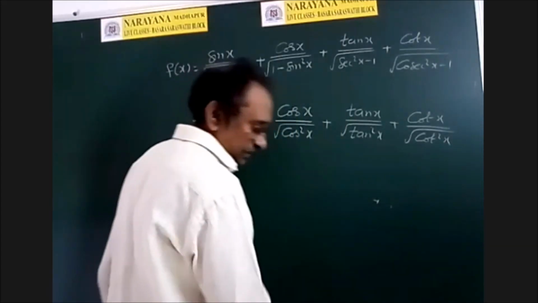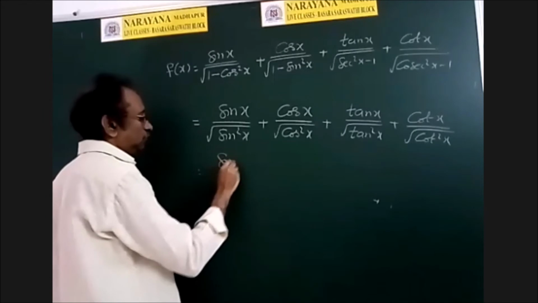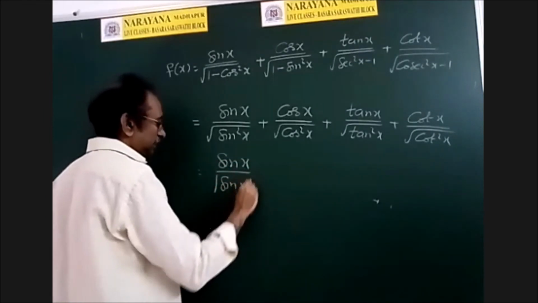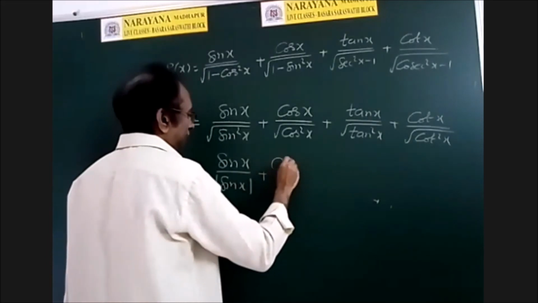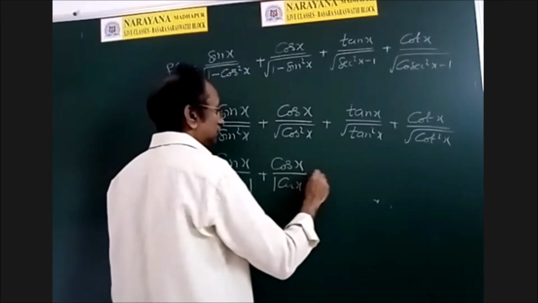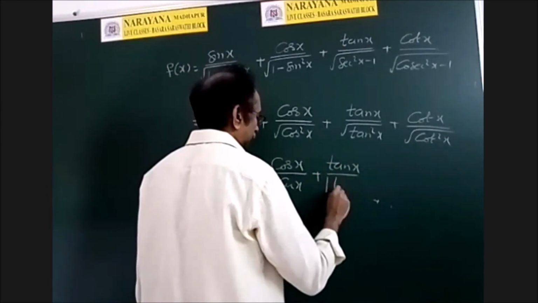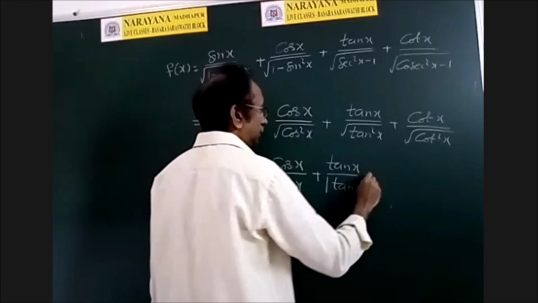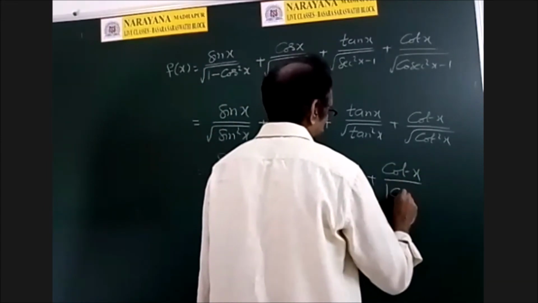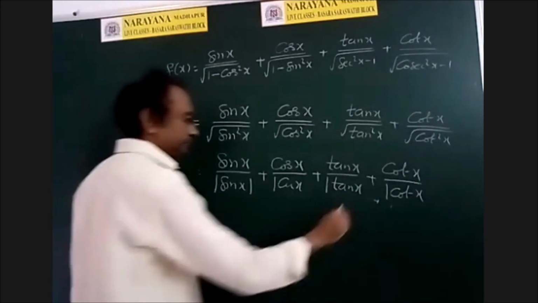See, so what he said, what is root x square? Mod x. Therefore, sin x by mod sin x plus cos x by mod cos x plus tan x by mod tan x plus cot x by mod cot x. Okay.